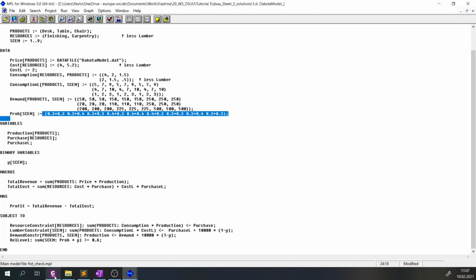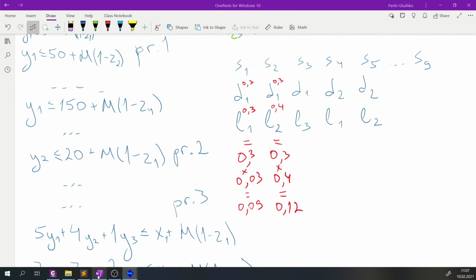Now, this is the case when these two scenarios, of lumber consumption and of demand, are independent. What if they were dependent? If we could say that always when we have scenario 1 for demand, we have scenario 1 for lumber, and when we have scenario 2 of demand, we have scenario 2 of lumber, then we wouldn't need to check all these combinations.